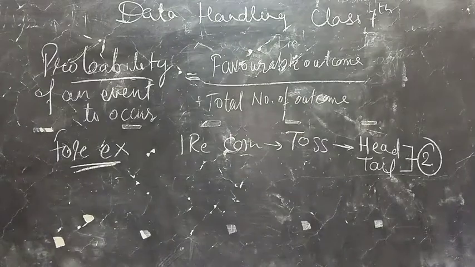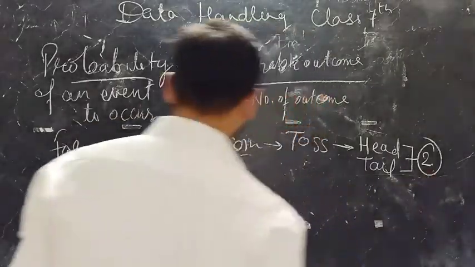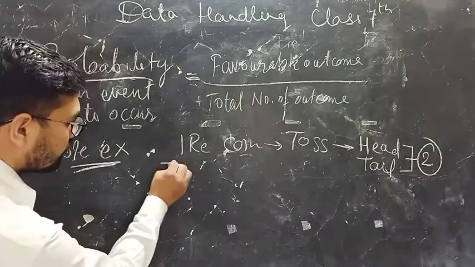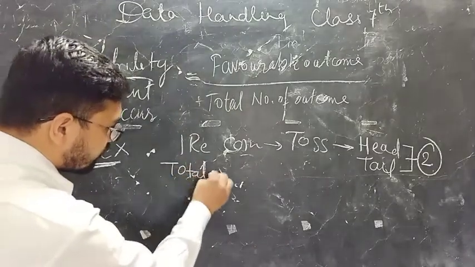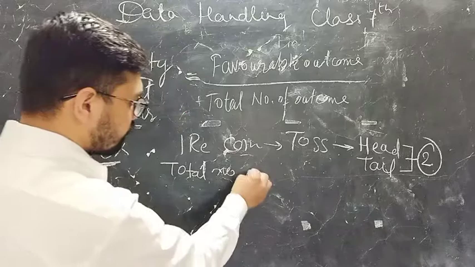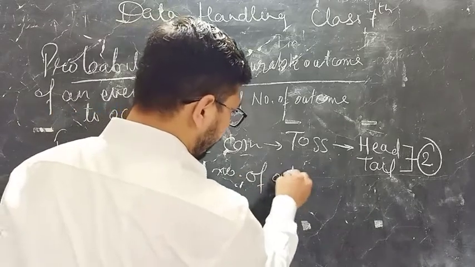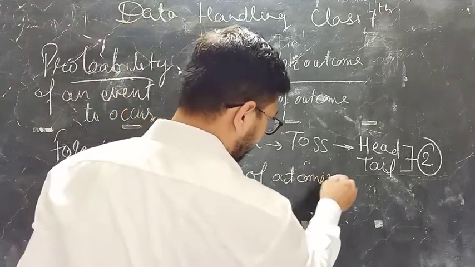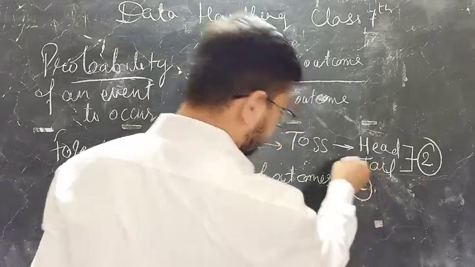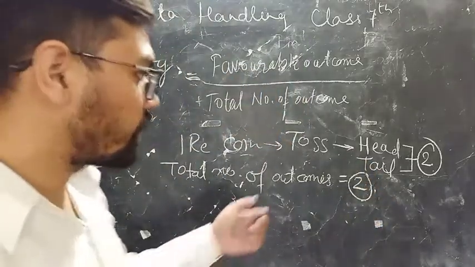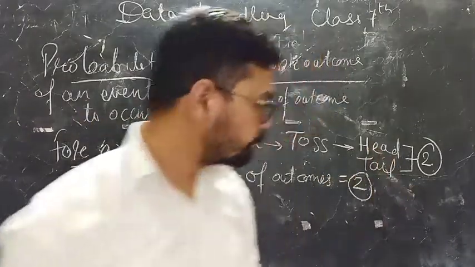I think this is visible on the screen also. So 2 is the total number of outcomes. Now you can say total number of outcomes is equal to 2. And what are those? One is head, other is tail.